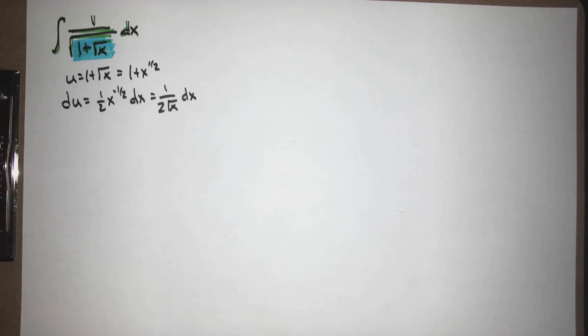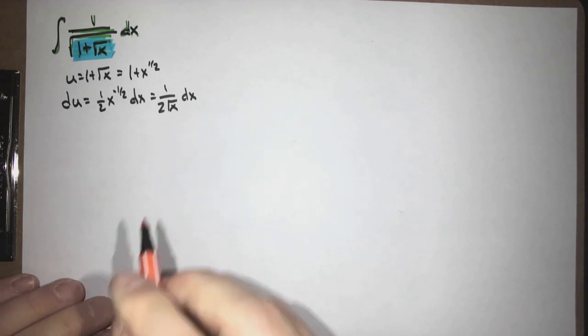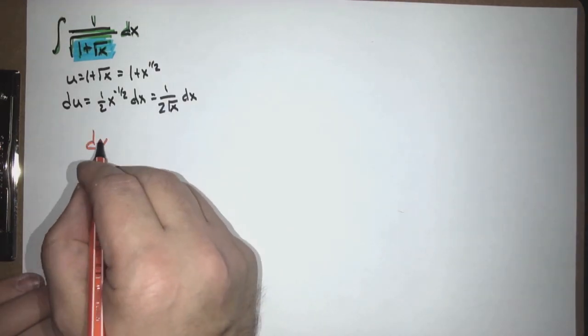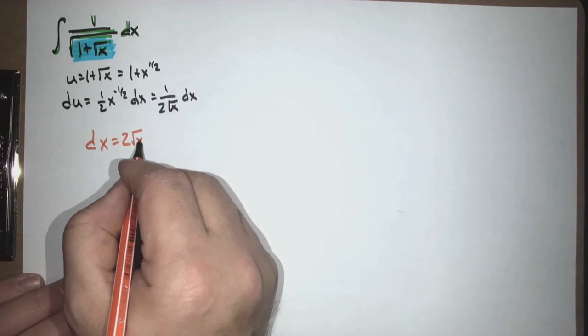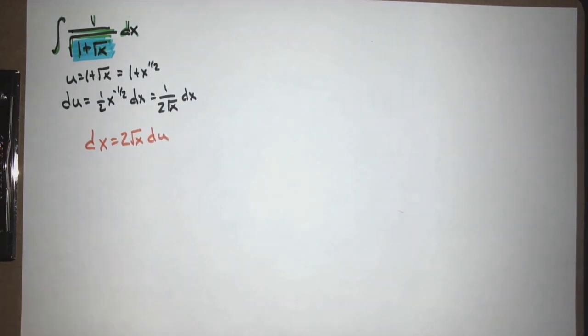I want that. Okay, so here's where we get to do a deeper dive into substitution, right? We're going to do some weird stuff. So this is the same as saying dx equals 2 square root of x du. We're going to try really hard with this substitution because we don't have any other clue.